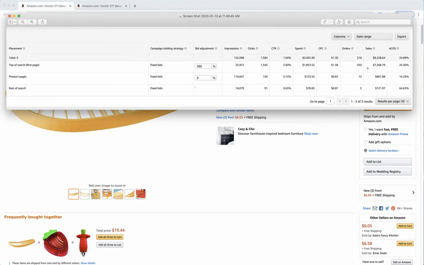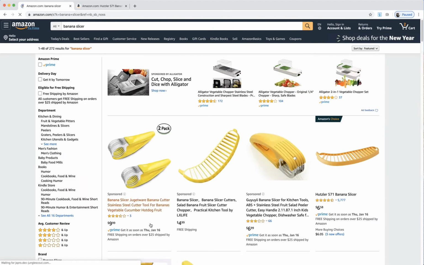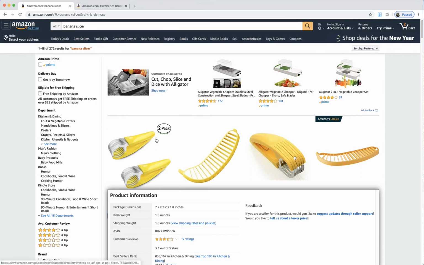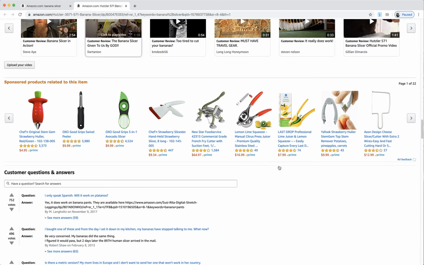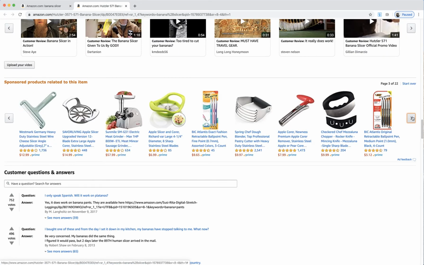We want to target and stick our ad right here at the top, okay? Because your page will differ whether or not they're coming and they search banana slicer and they're on this page and they go, damn, I'm gonna just go with the top banana slicer. This 2-pack with 3.5 stars looks amazing. Well, probably not. This guy's not selling very much, but his conversion rate will probably be higher here than it would be down here, where he's competing with all these other guys, because these guys are just browsing.